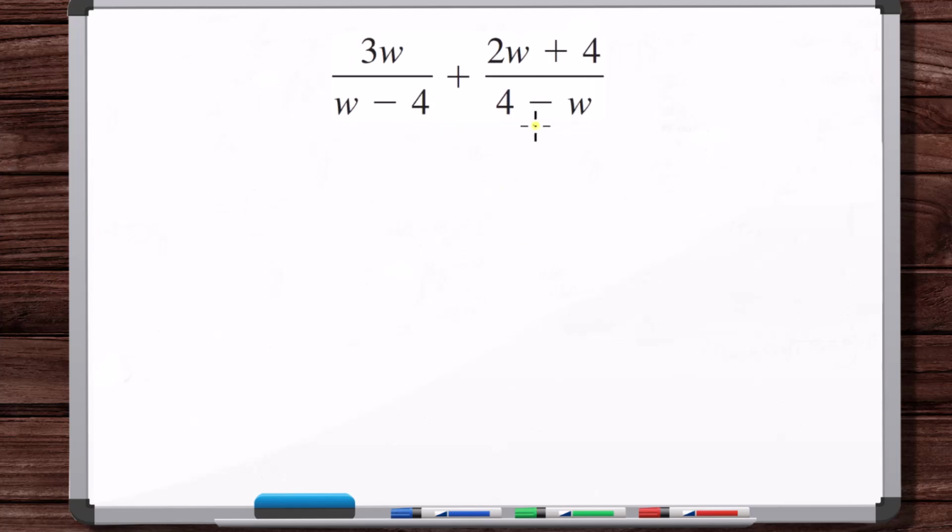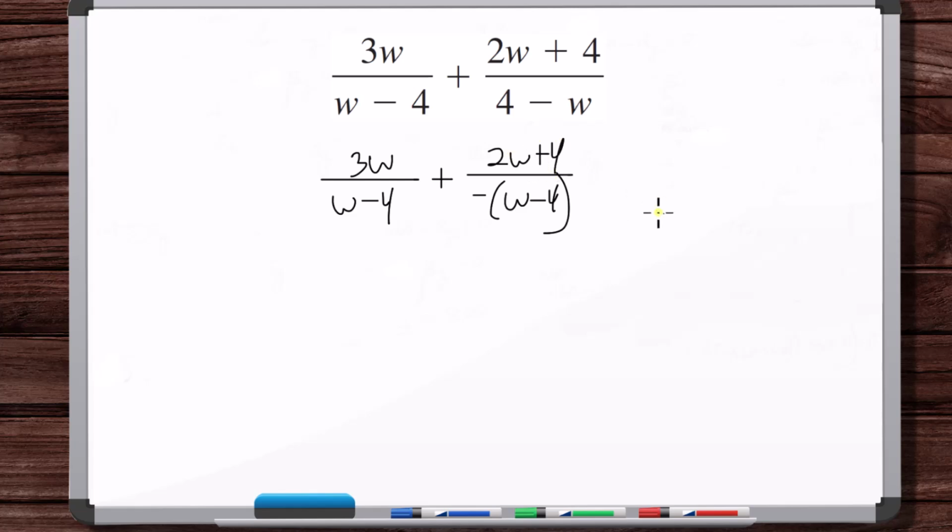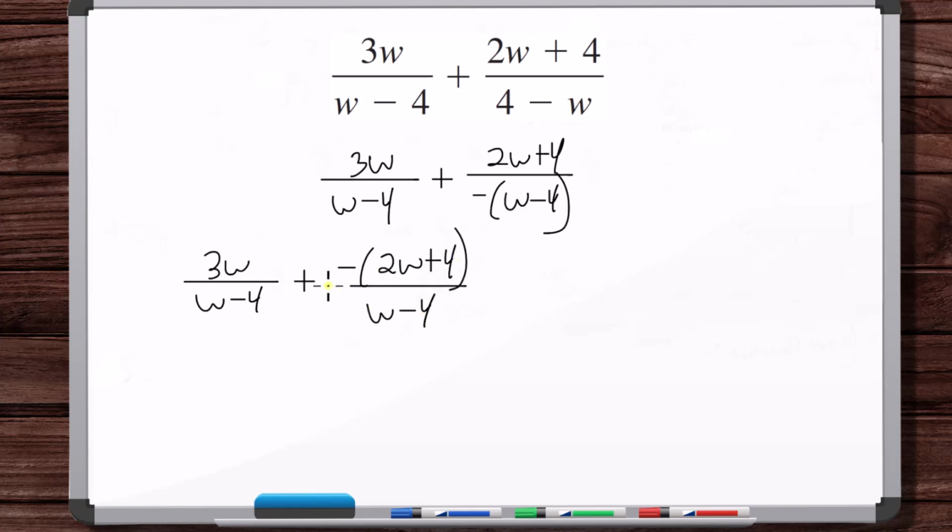Okay, here we see that, so we can do 3w over w minus 4. If we factor out a minus 1 down here, we can write it like this. We can say w minus 4, right? Let me make this clear. We have plus, and then minus w minus 4. Well, we can write that like this: plus, and then we could just put that minus out front.